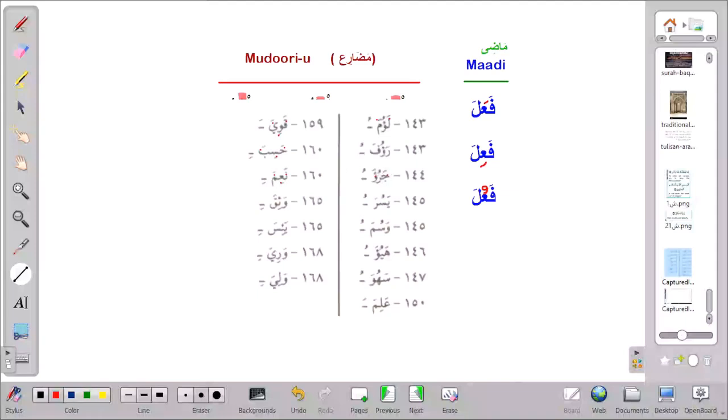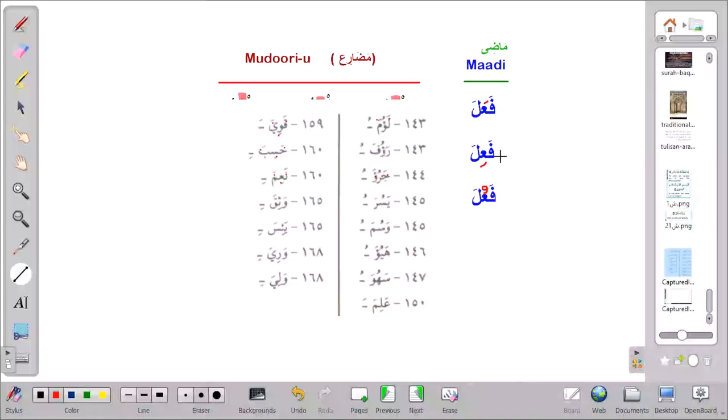Fatha, the middle dhamma. So I'm saying that the 3-letter verbs that we have learned so far, their first letter and their last letter are always going to have fatha, except the middle. The middle has three possibilities. It could have fatha or kasra or dhamma. For example, zahaba, you see the middle is having fatha.